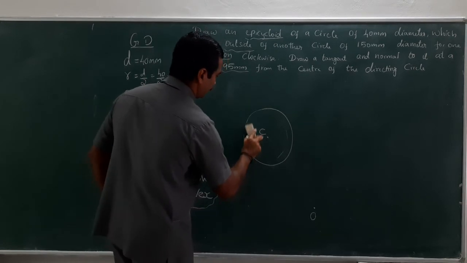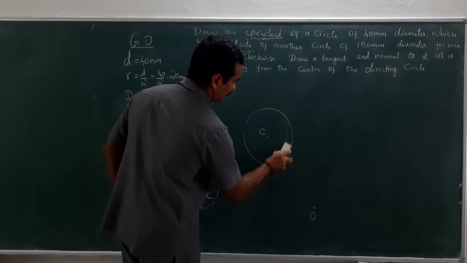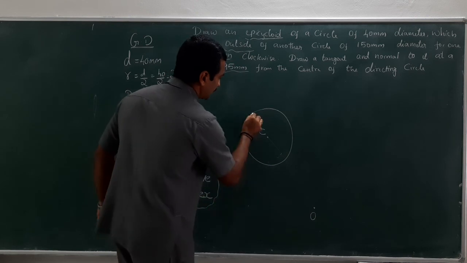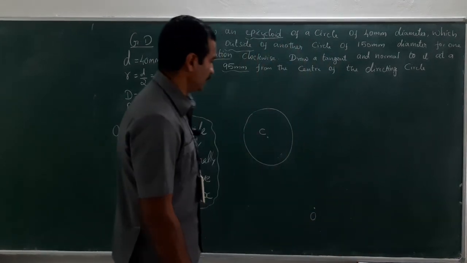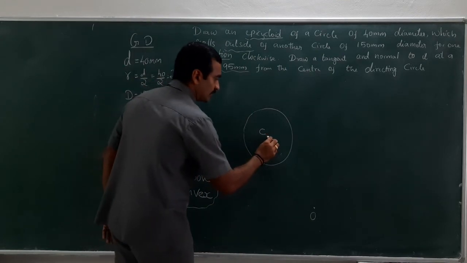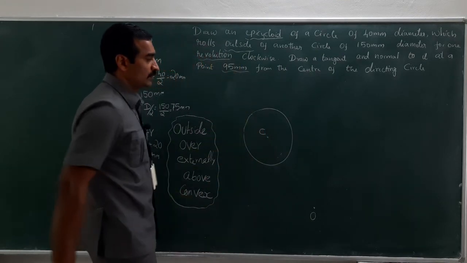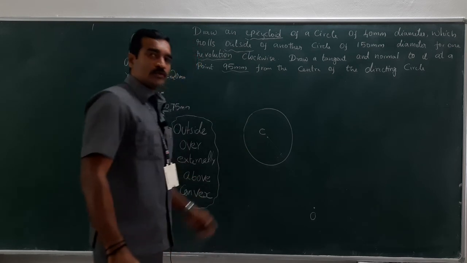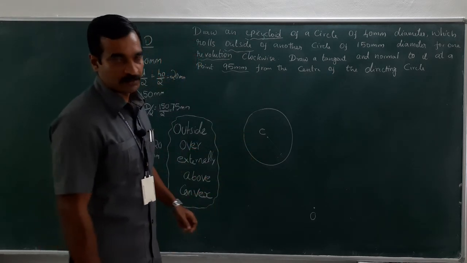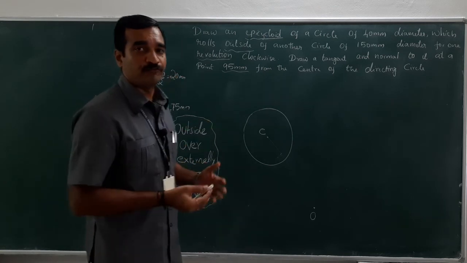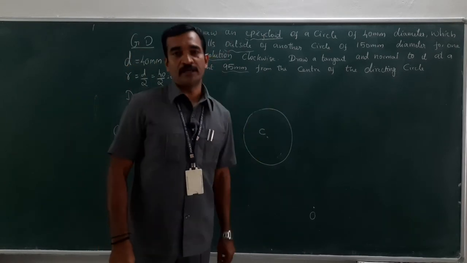So this is the rolling circle. This is the rolling circle, right? This is a rolling circle. Extend this. Now I am going to divide this rolling circle into 8 equal parts, as we did for the cycloid, right?